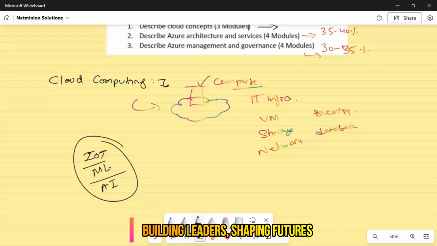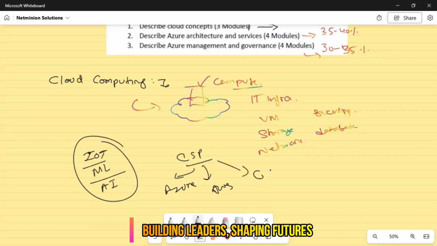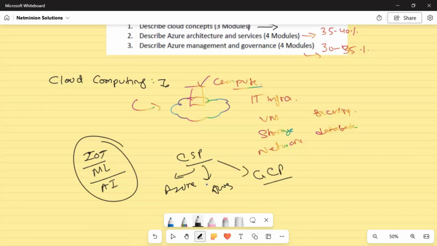I am not only talking about Azure, this applies to any cloud service provider. It can be Azure, it can be AWS, it can be GCP, Google Cloud, or Oracle or whatever you say.